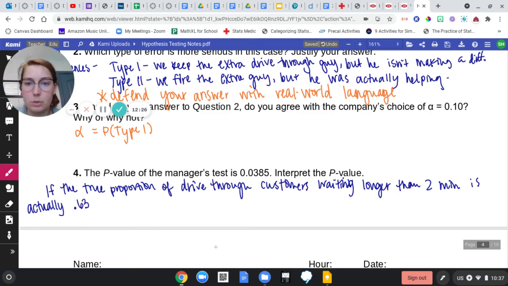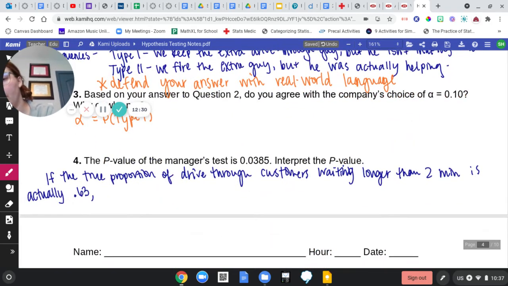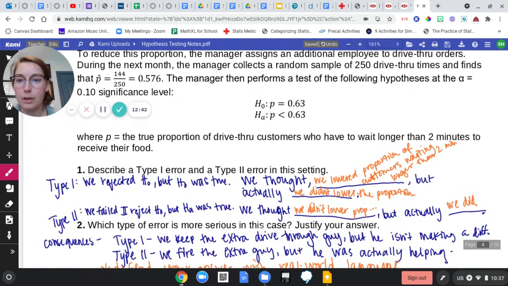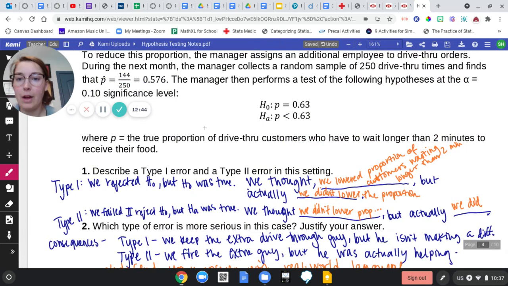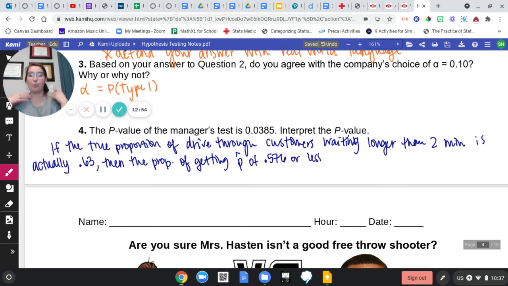is actually 0.63, it was 0.63, right? Yeah. Then the probability of getting p hat of 0.576 or less, because we're not just concerned with 0.576.